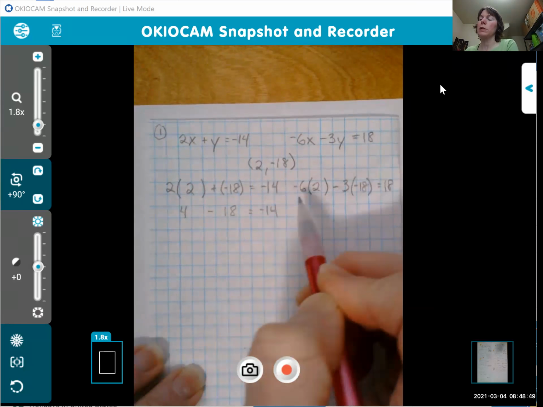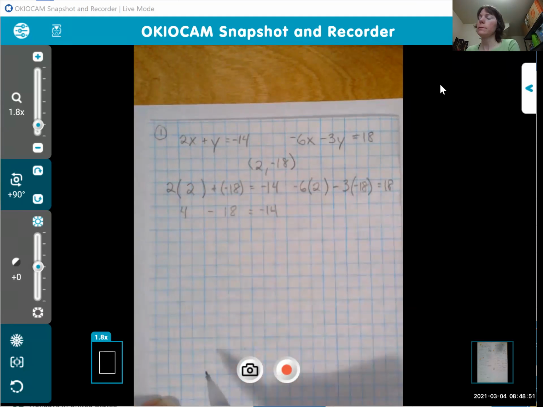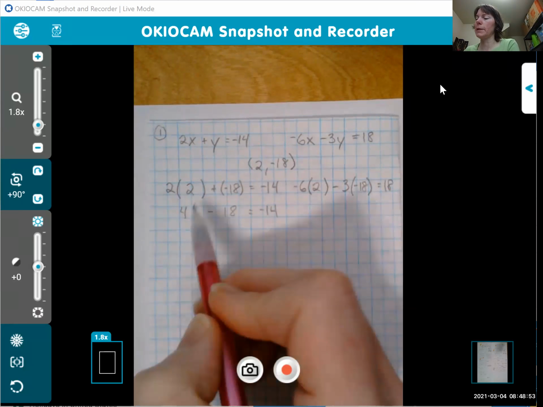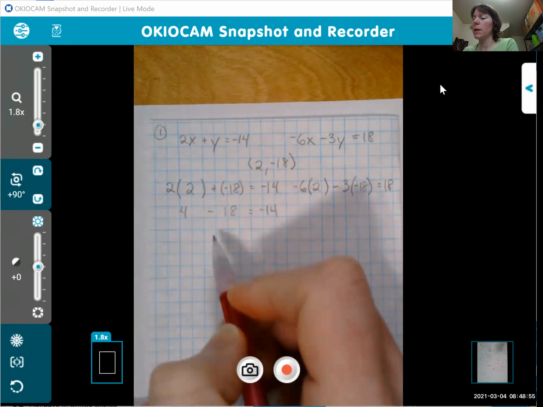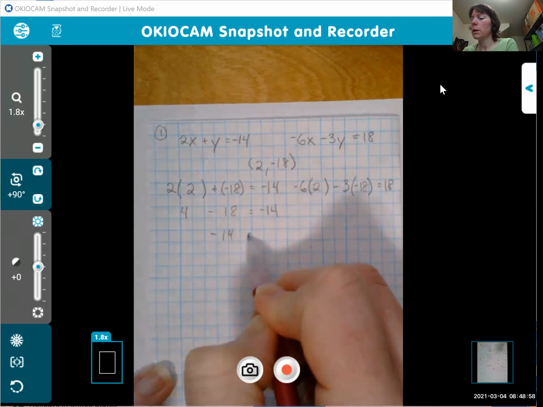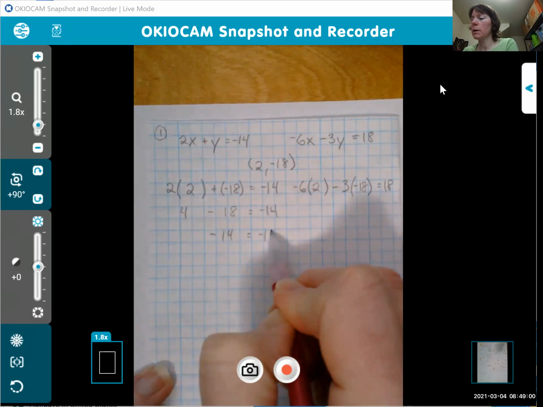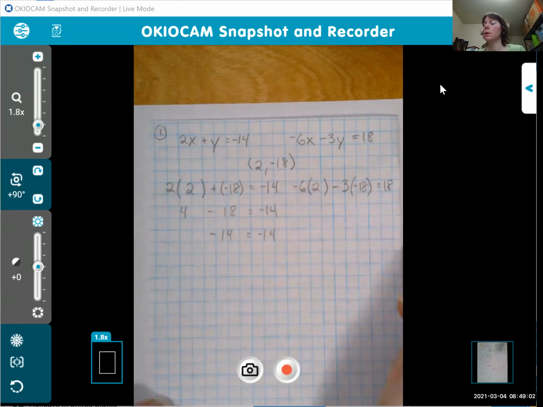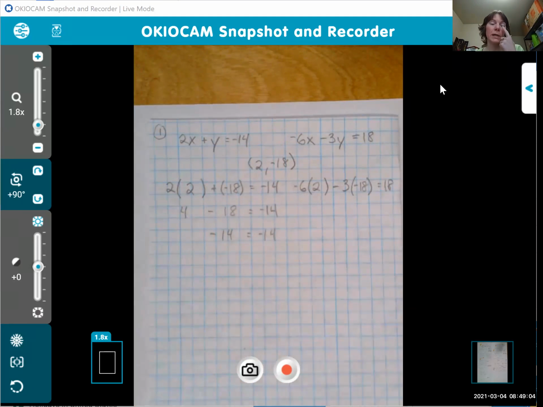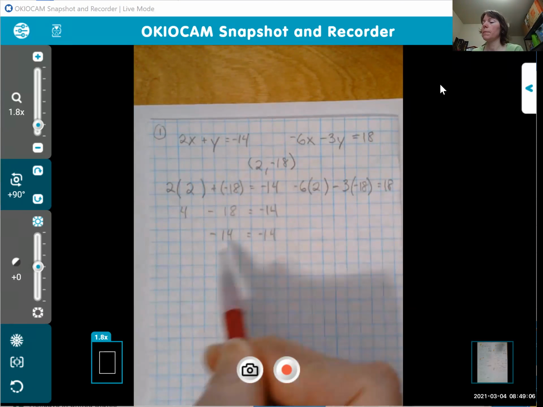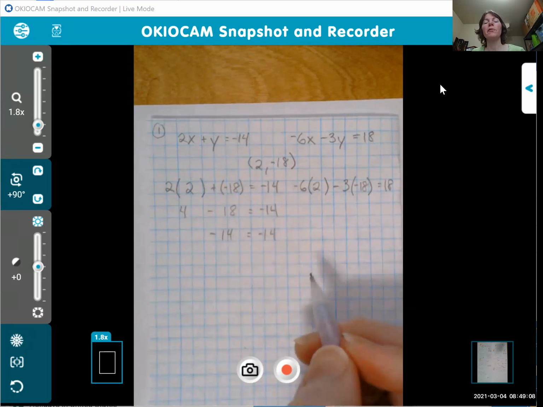Now I'm going to finish working through this side before we go to the other side. So now I have 4 minus 18, which gives me -14. And then on the other side, I have -14. So that's accurate, right? This is a true statement. Now, if you recall, we've talked about this word true.